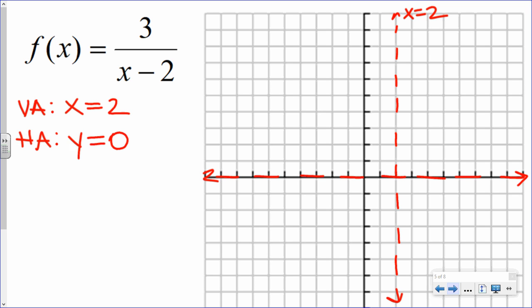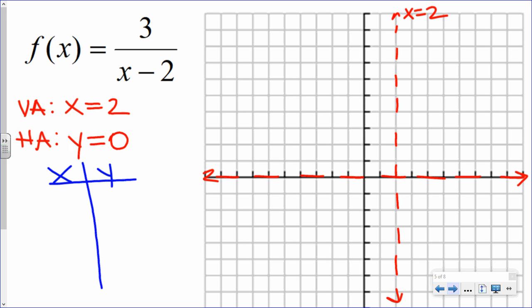Once you get your asymptotes drawn, it's only a matter of plugging in numbers. You should feel kind of a sigh of relief once you get your asymptotes on there. So this is what I'm going to ask you to do. Just make an XY chart so I can see the points that you have on your graph.